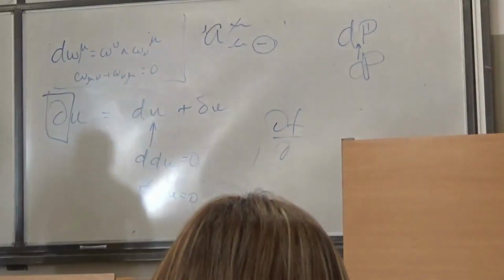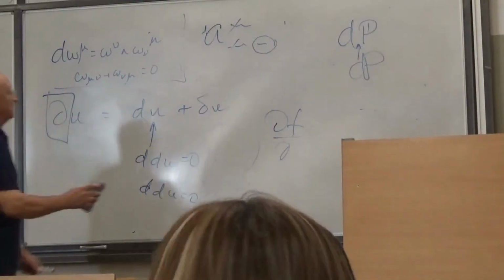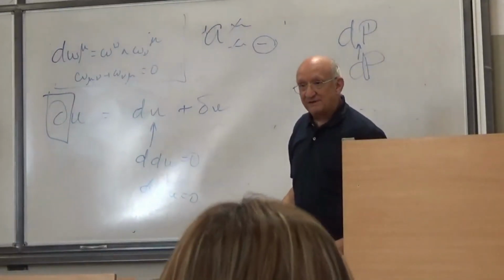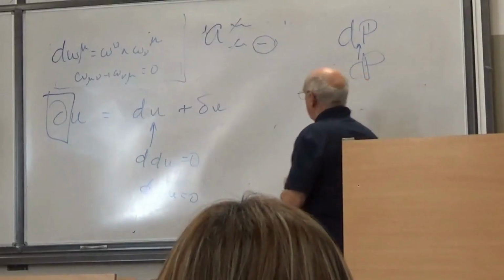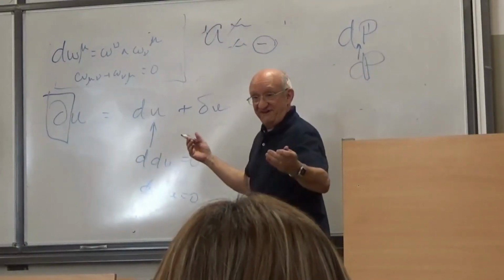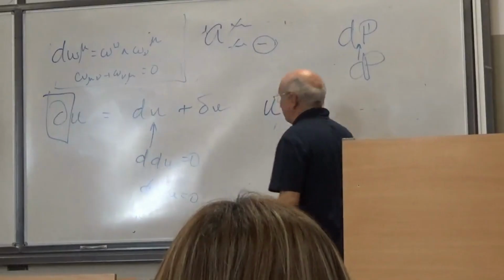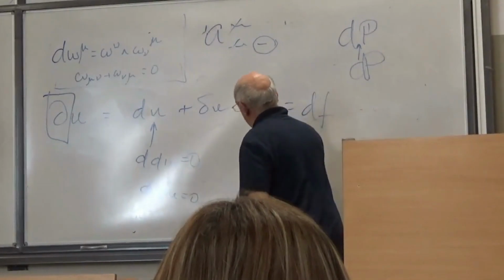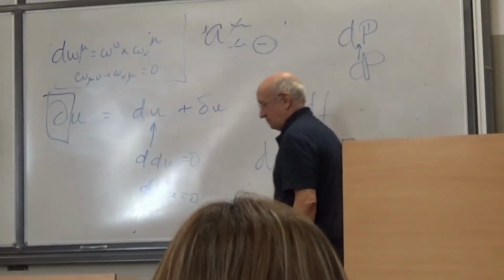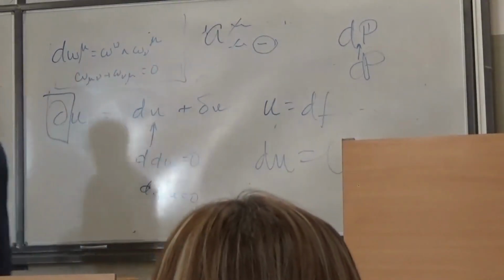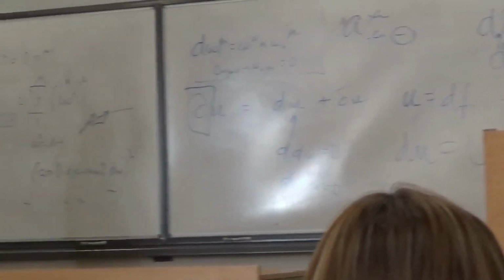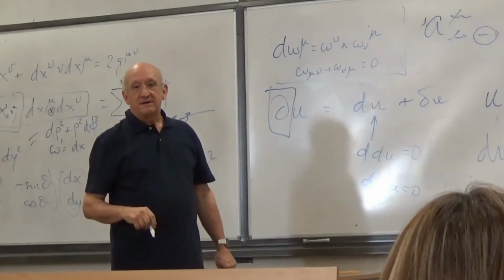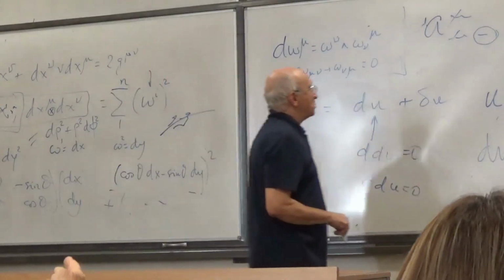If I write it in terms of the coordinate basis of differentials, u is a differential function. u is f, equal to the differential of the function. Yes. What is your second d? No, but if the second d is Christoffel, and Christoffel does not commute with it.